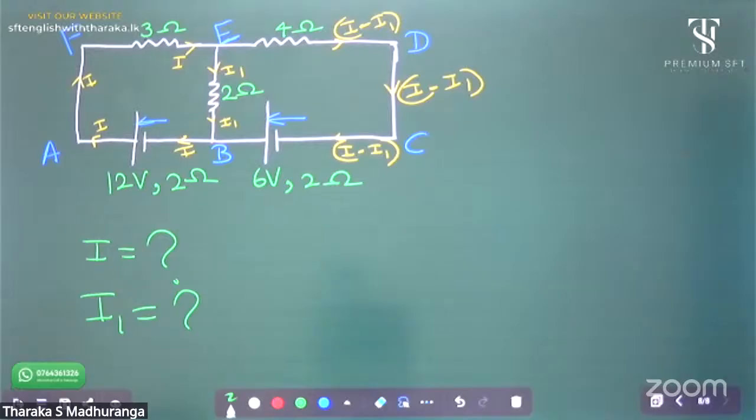Try to complete within 4 minutes. I1 plus I2. Yeah, if you want, you can mark it like this.